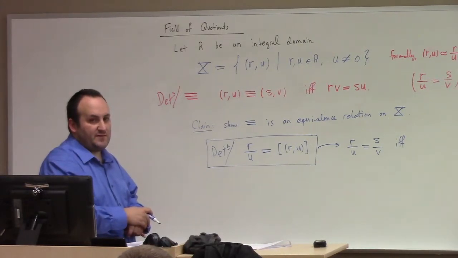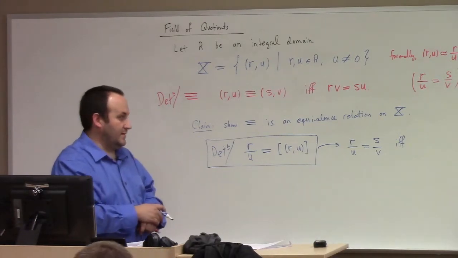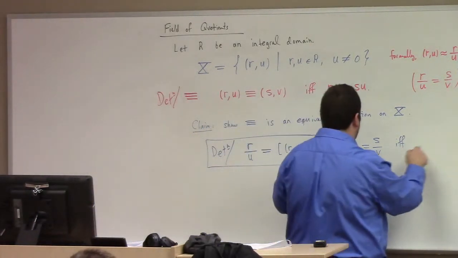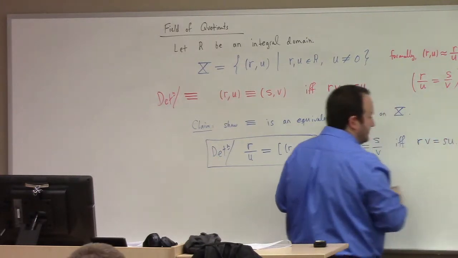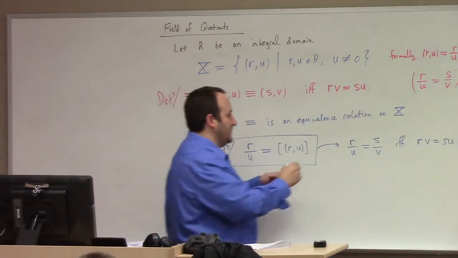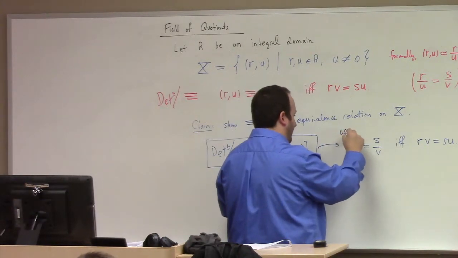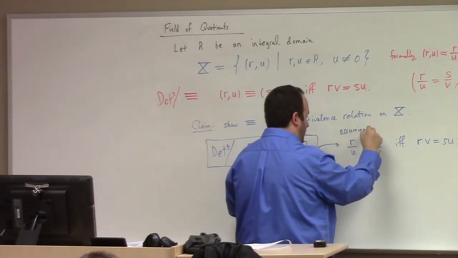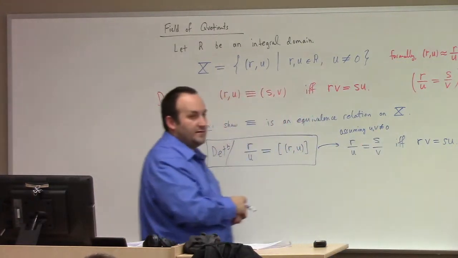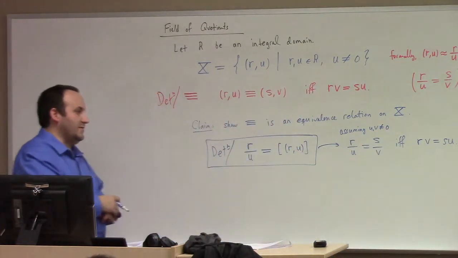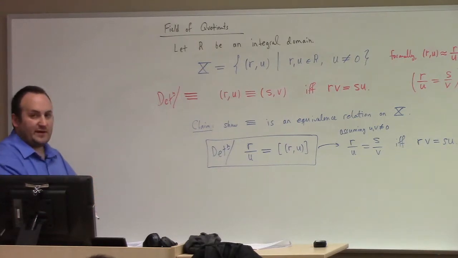If their representatives are equivalent, right? So by chapter 0, this is true if and only if rv is equal to su, right? And of course here I'm assuming what? Yeah, u and v are not 0, of course. We're assuming that r, u, s, and v are all in the ring.